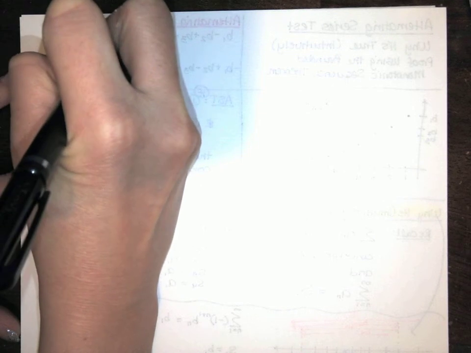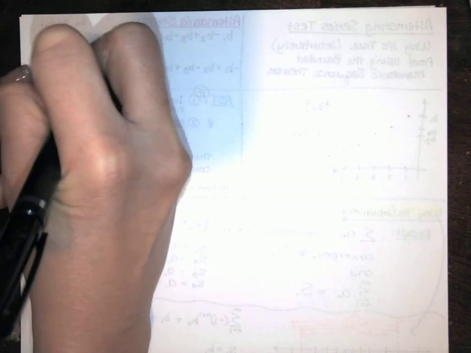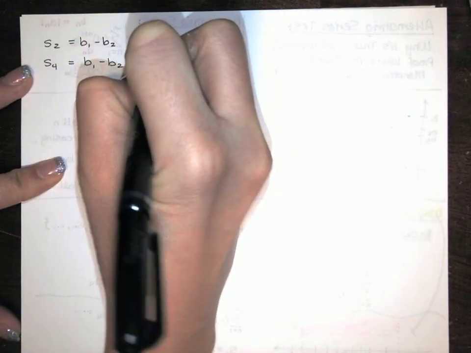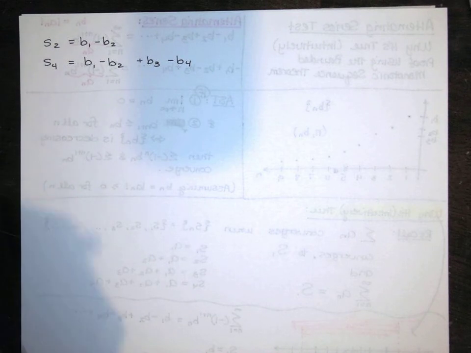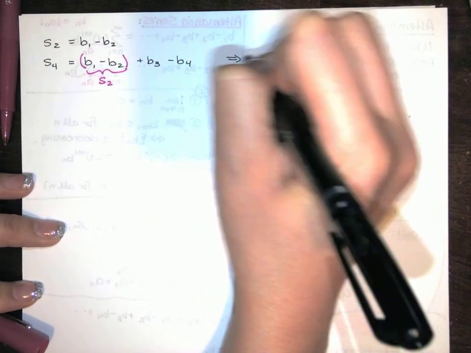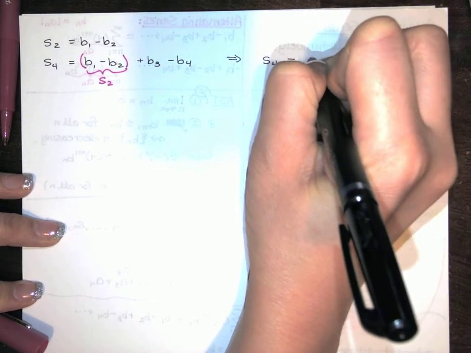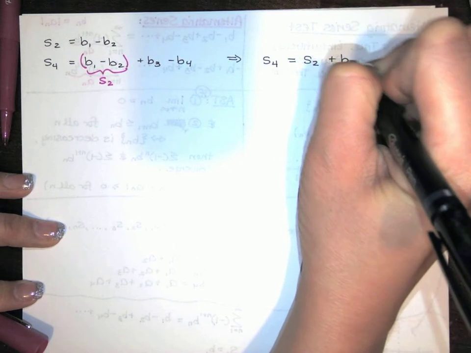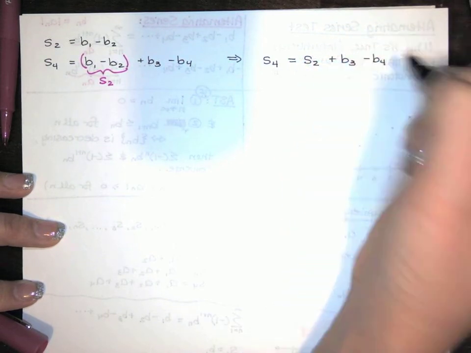So we said S sub 2 is b sub 1 minus b sub 2. S sub 4 is b sub 1 minus b sub 2 plus b sub 3 minus b sub 4, which we said, hey, look at that, we can rewrite it. That's S sub 2. So another way of saying exactly the same thing is S sub 4 equals S sub 2 plus b sub 3 minus b sub 4.